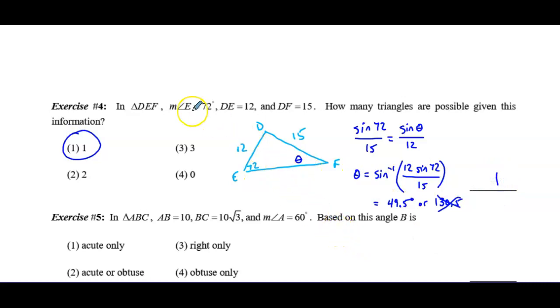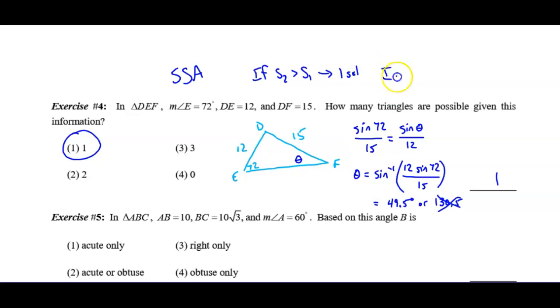All right. So from this point forward, if I have an SSA and the side across from the angle, we'll call that side 2 and call this side 1. If side 2 is greater than side 1, then we're going to have one solution.